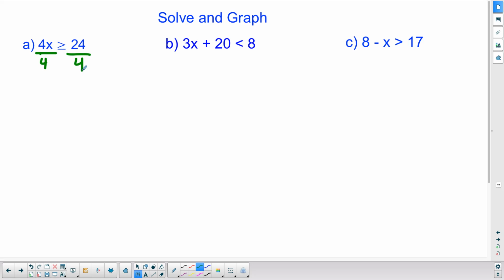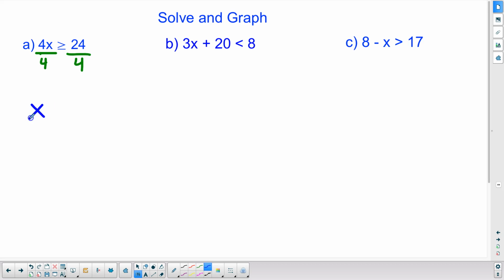Does my sign have to flip? Why not? It's not negative. What's not negative? 4. The 4 that I'm dividing by, right? Okay? I only flip my sign if I multiply or divide by a negative number. Here I'm dividing by positive 4. Sign doesn't need to flip. Okay?